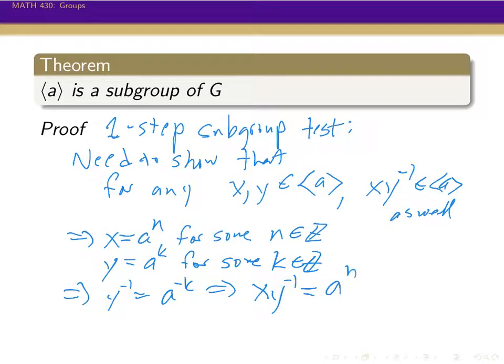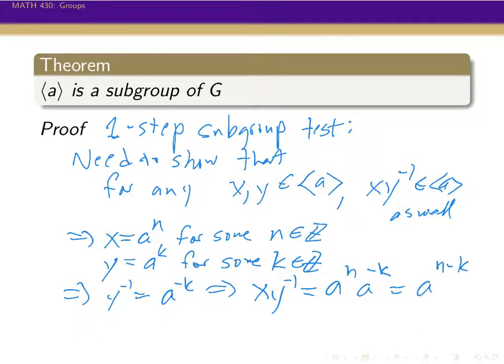Well, it's a to the n times a to the minus k. Even though we're treating this like multiplication, the exponent rules really apply the same, based on how we defined what negative powers are. And so at the end of the day, this is just going to be a to the n minus k.